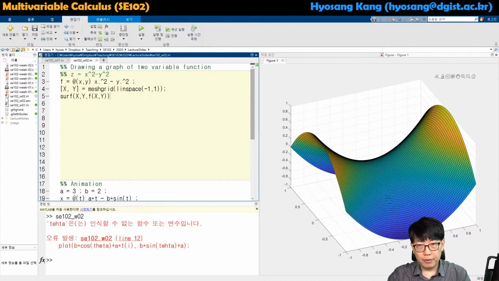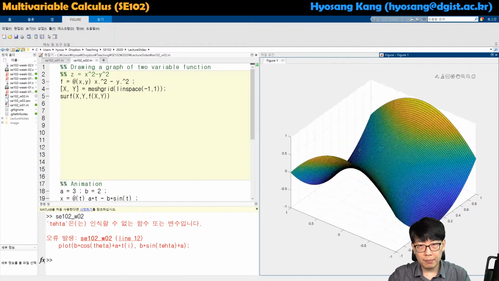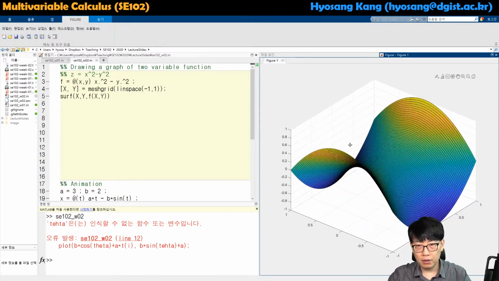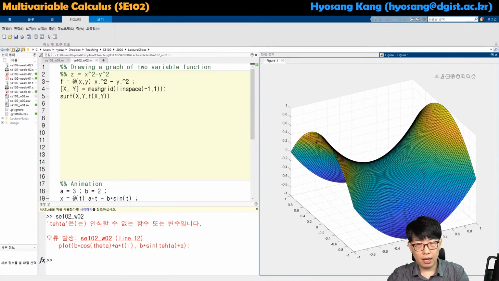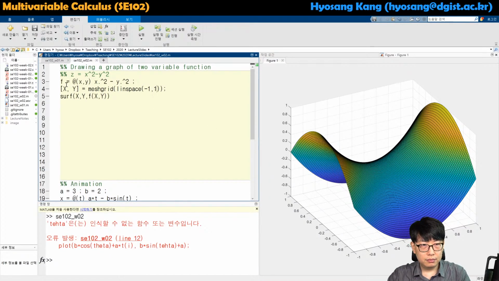Now, the way MATLAB graphs the surface, or how almost any other program draws this kind of picture, is to meshgrid your domain and then draw lots of flat planes.